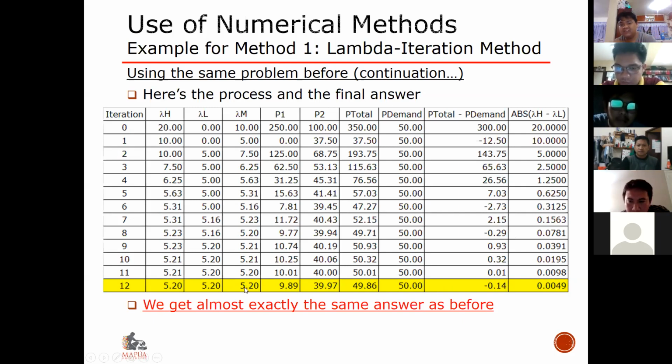Di ba ito rin naman yung kanina 5.2, tama ba? So now that's yung kanina, in the first place, dapat di na tayo nag-numerical methods kasi kaya naman isolve ng simple algebra to, di ba? But again, I'm just showing you, if you get to a point, tulad nung sa exam nyo, there's a lot of generators already that you cannot solve with a simple algebra, you'll have to use numerical methods.